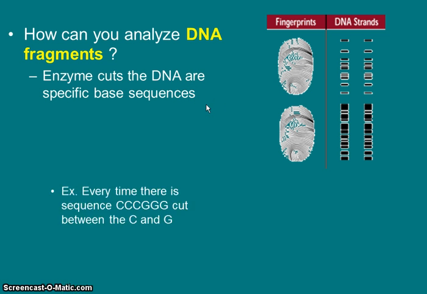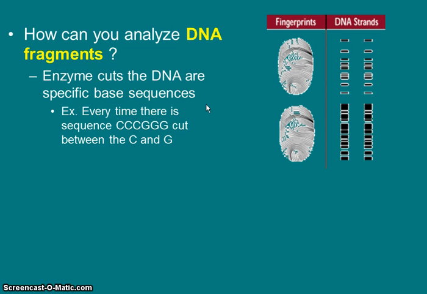So here's an example. Let's say we, within our genome, have at least 100 times this little sequence of 3 C's and then 3 G's. The enzyme will find those sequences within our genome in some of our cells, and every time it sees this spot with 3 C's and 3 G's, right in between the C and the G, it'll chop it in half.